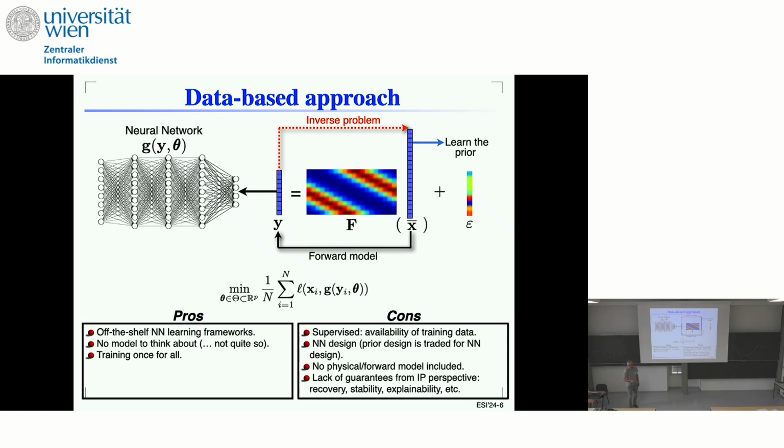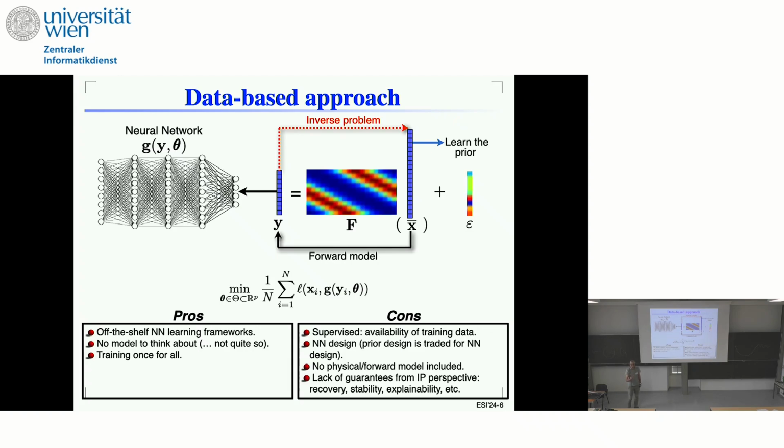And of course, when you think that basically you have no model, actually you do have a model, because you traded the prior knowledge, the prior design that you have in the variational models, in the neural network design. Okay, what is the architecture I have to put here for my approach to perform well? And the second problem is that you have lost completely the physics.